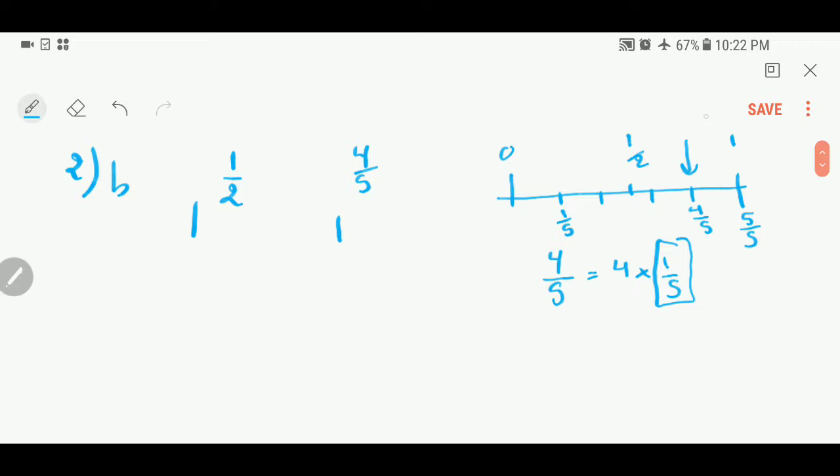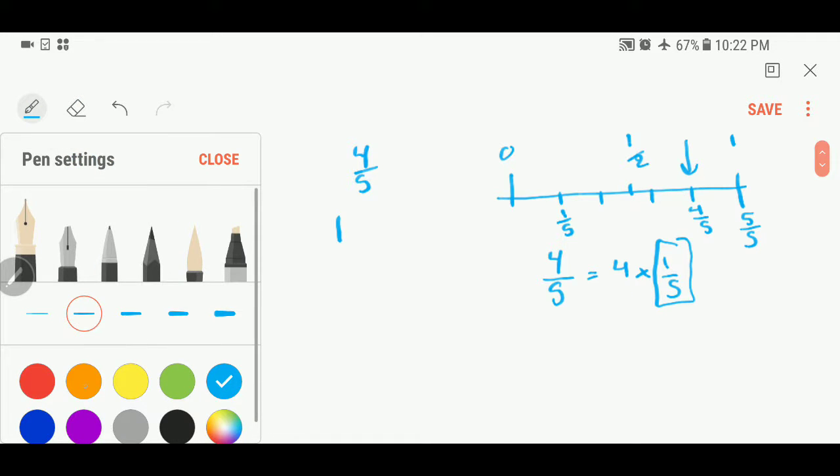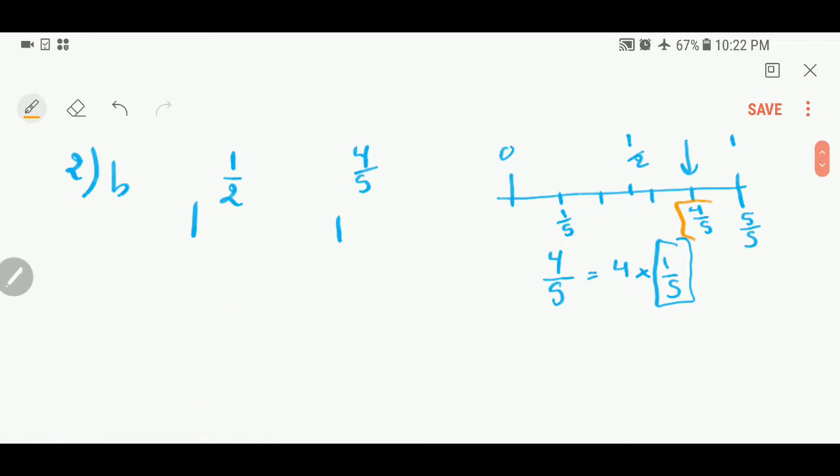So 4 over 5 is here. Okay. So 4 over 5 is greater than 1/2. Okay. That means this one is greater.